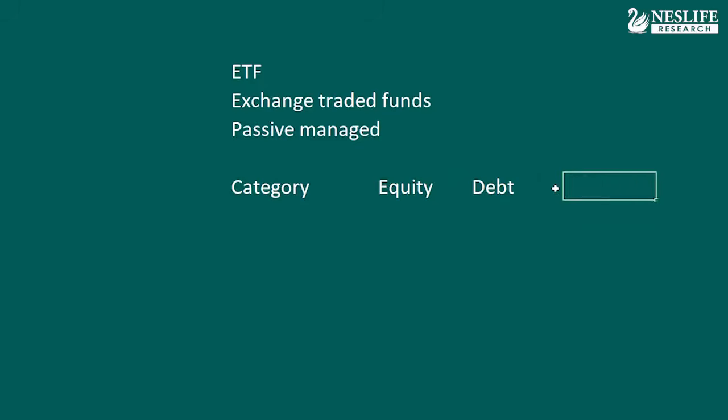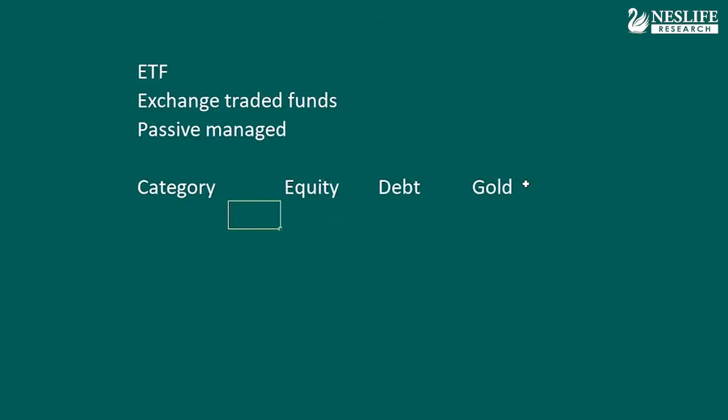So there is another one, gold. So these are the categories of ETF. There is silver as well. So these are the metals, precious metals. But we will say these are the categories.